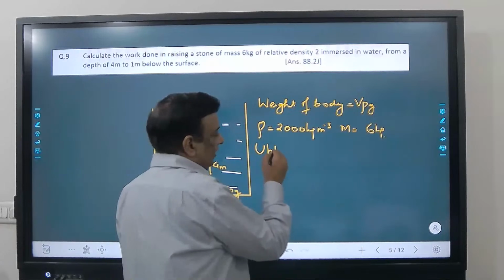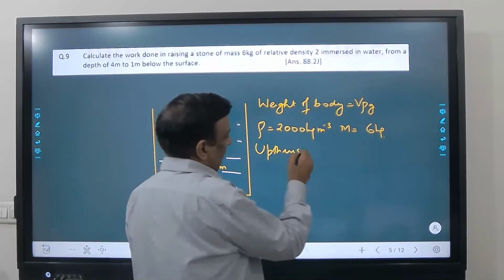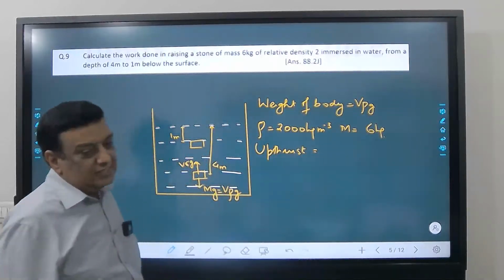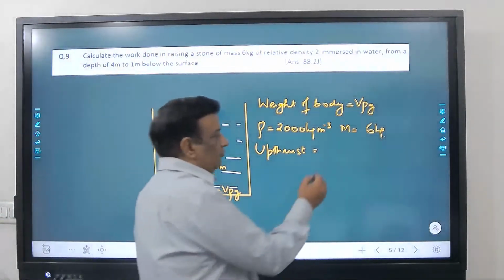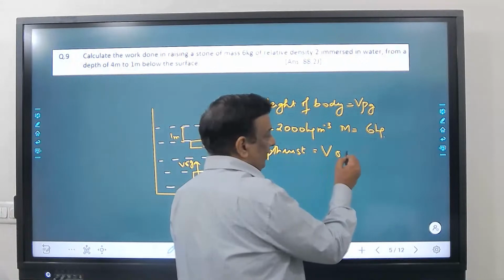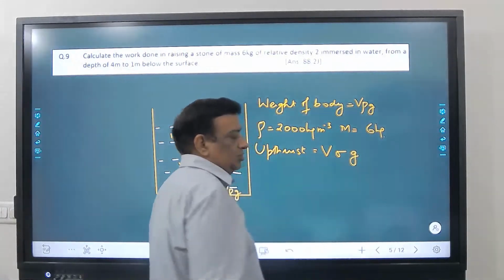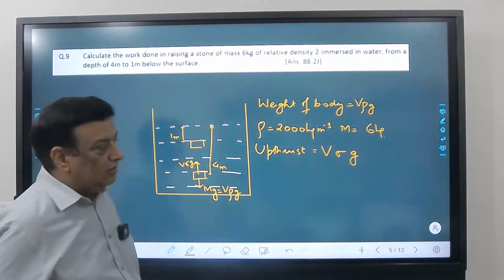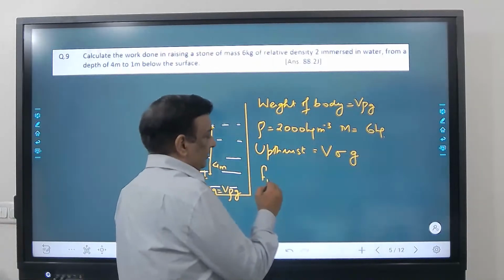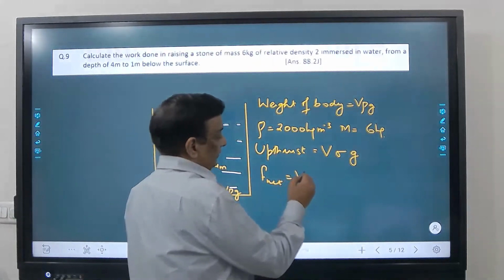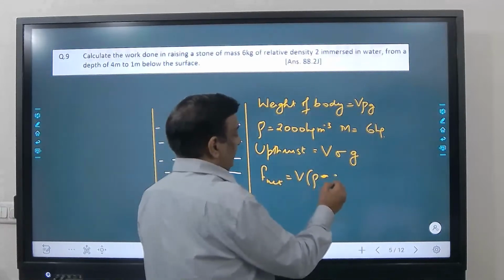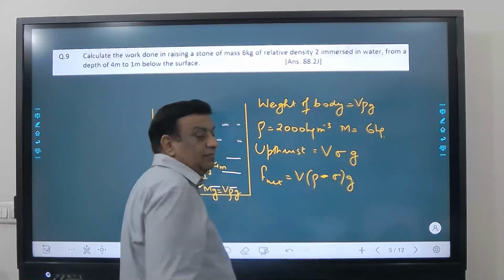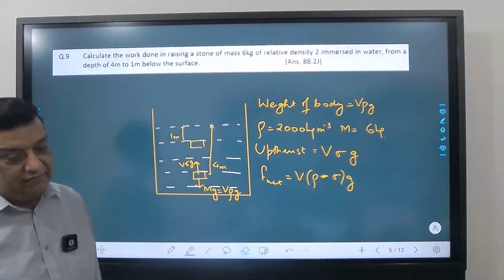Up thrust, buoyant force जिसको हम बोलते हैं. Up thrust acting on a body depends on its volume. So the volume V है, volume of body into density of water into G. The net force जो act करेगी, that is V rho minus sigma G. You have to overcome this force if you have to move the body upwards.